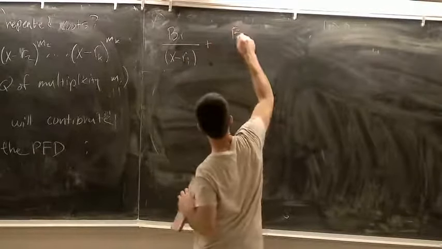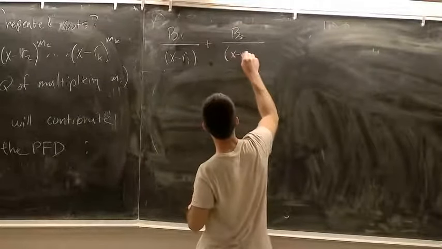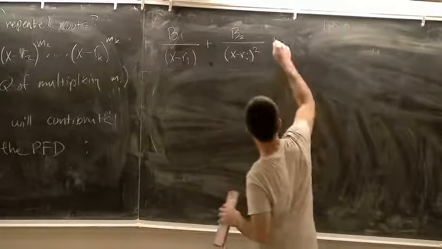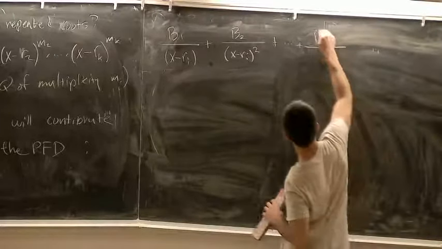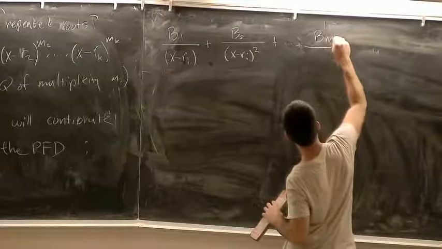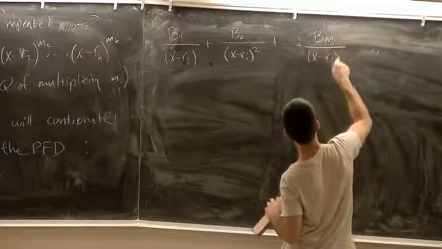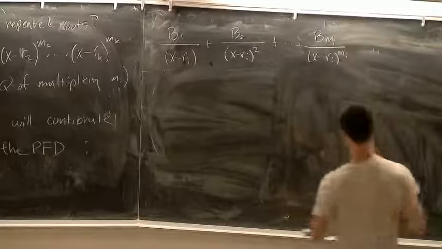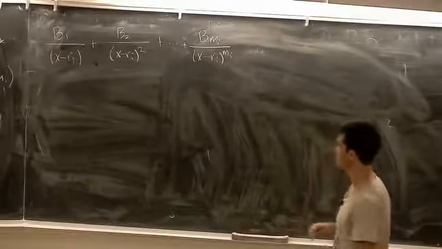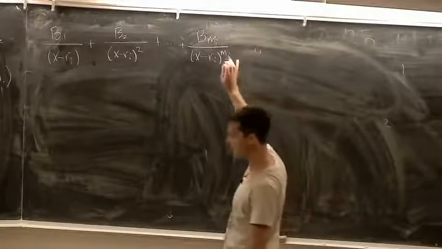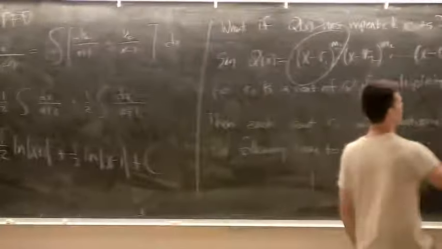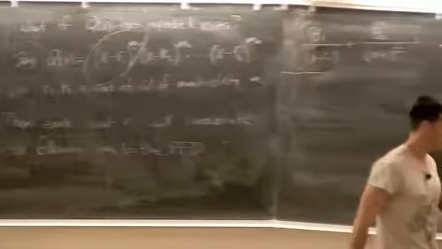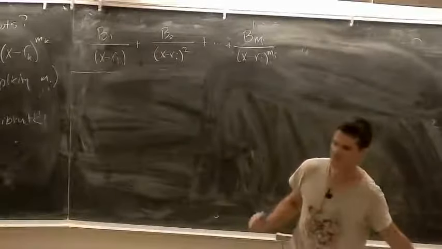And then you'll need a second term for x minus ri squared. And you'll need as many terms as the multiplicity, up to b sub mi over x minus ri to the mi. So that's not even the whole partial fraction decomposition. That's just the contribution from one of these roots. Again, this is quite messy to explain, but it's not so bad if you see an example.